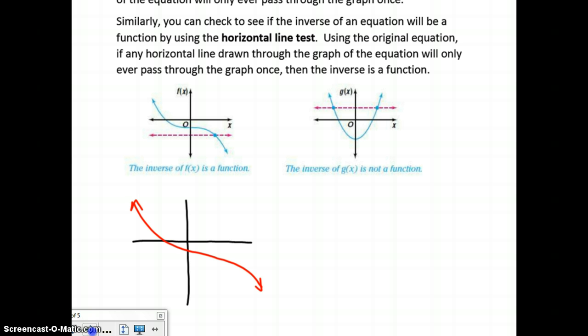And the vertical line test says, well, if I draw any vertical line through that function, as long as it only passes through one point at any time on the graph, then it's a function. So I could say that f of x is a function.